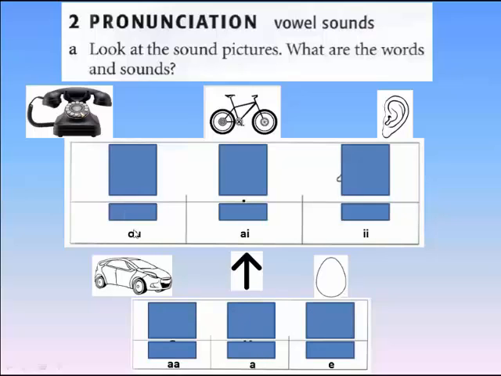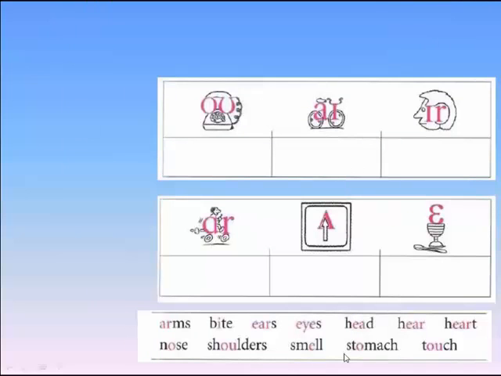So this is a phone, this is a bike, this is an ear, this is a car, up, egg. Can you place these words in their boxes according to the sound? You can stop the video here to try to do it.